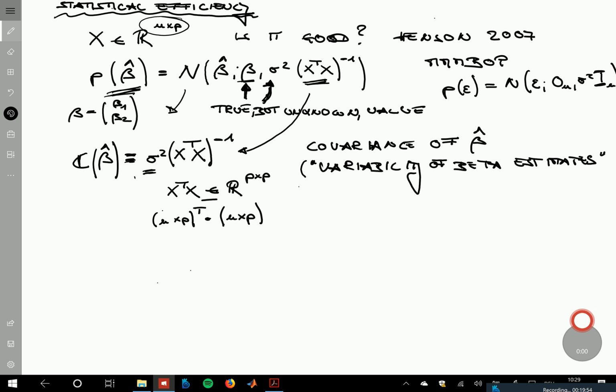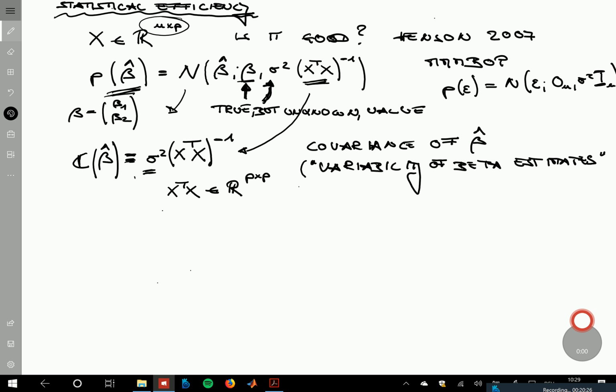I used to do a lot of matrix calculus in the beginning, but then I always think maybe that's not that interesting. But anyway, so it's a p by p matrix. That means you have p squared entries, although it's actually positive definite and symmetric, so you have p squared divided by 2 plus 1 or whatever entries, meaning you have more than one number.